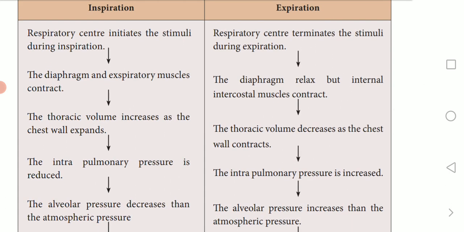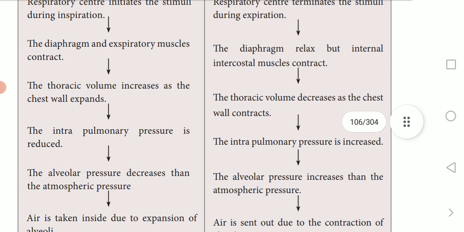In expiration, the diaphragm relaxes, but the internal intercostal muscles contract. In inspiration, the thorax volume increases and the chest wall expands. In expiration, volume decreases and the chest wall contracts. The intrapulmonary pressure is reduced in inspiration, and increased in expiration. What is intrapulmonary pressure?